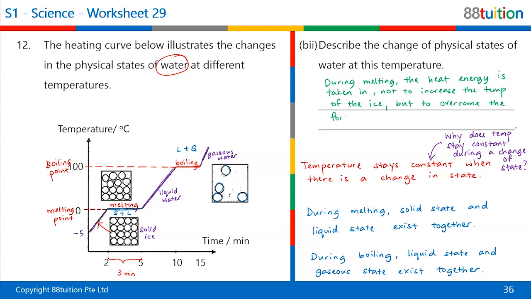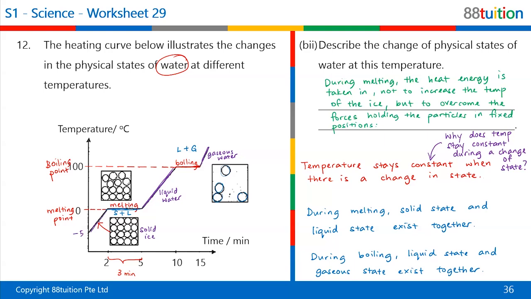but to overcome the forces. What kind of forces? Remember, in solids, the forces of attraction holding the particles together are very strong. So to overcome the forces holding the particles in fixed positions, okay? Once these forces can be overcome, the particles start to move over each other.